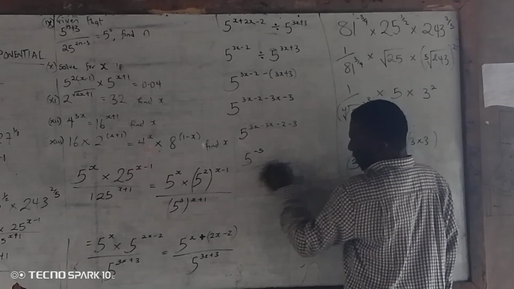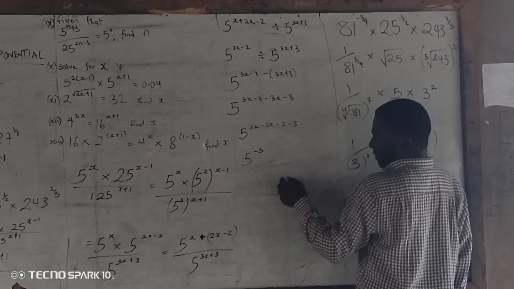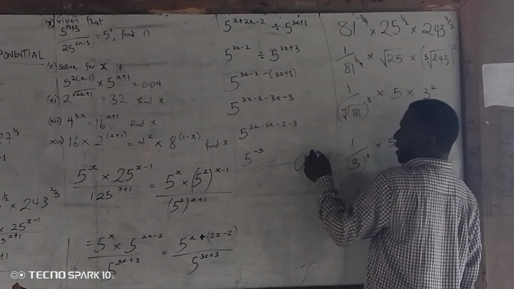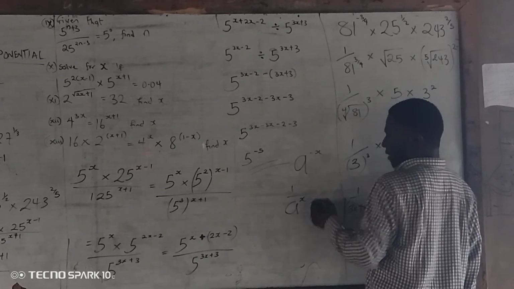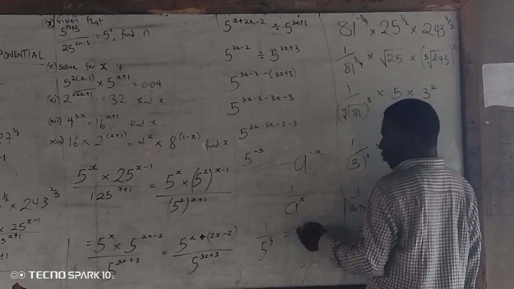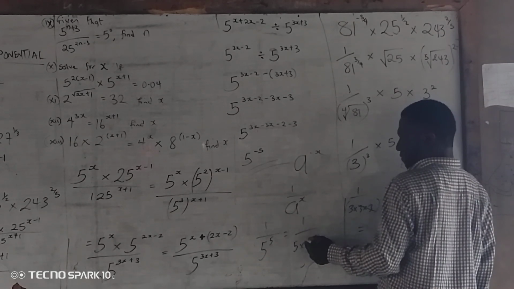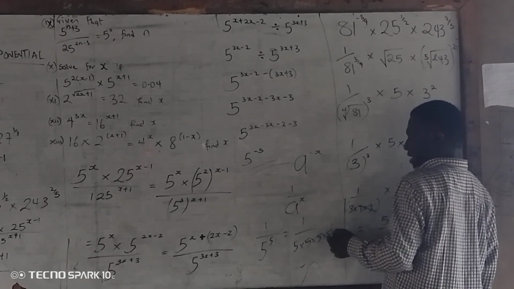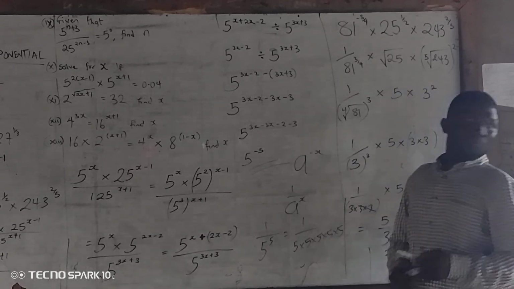So 5 raised to power minus 5, or you can simplify it according to the law of indices again that says that a raised to power minus x is 1 over a to the power of x. So that will be 1 over 5 to the power of 5, which is 1 over 5 times 5 times 5 times 5 times 5. Whatever the calculator value is, will be the answer.